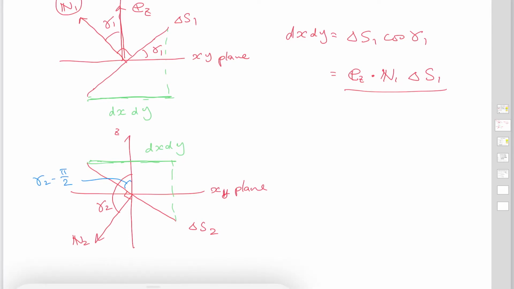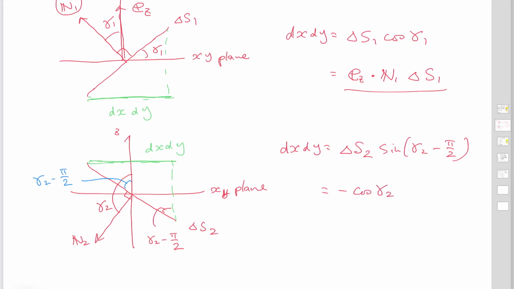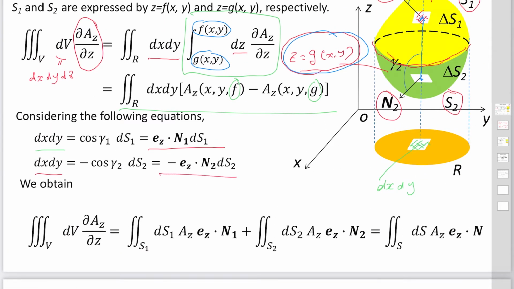Then dx dy becomes delta S sub 2 sine of gamma sub 2 minus pi over 2. Then you can use the addition formula: minus cosine gamma sub 2 delta S sub 2. So it becomes minus e sub z dot n sub 2 delta S sub 2. So this is equal to these equations.